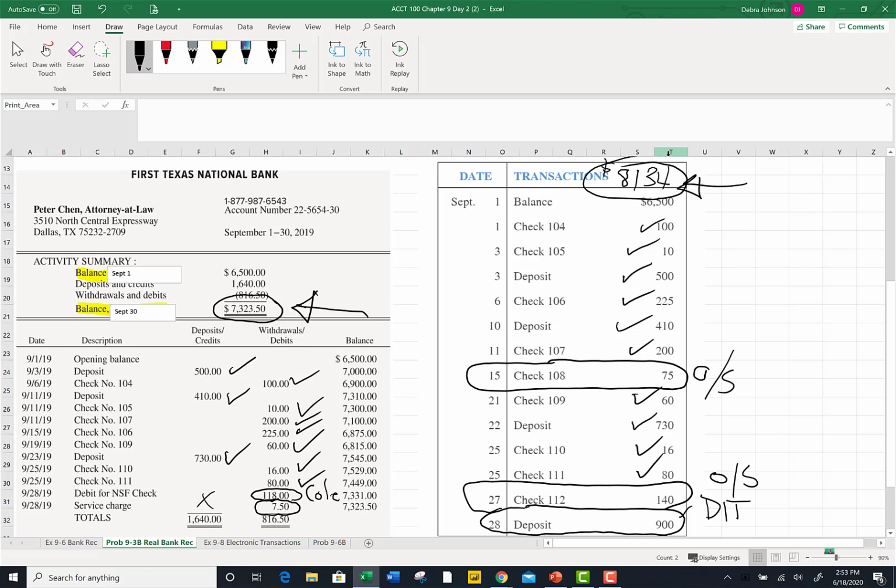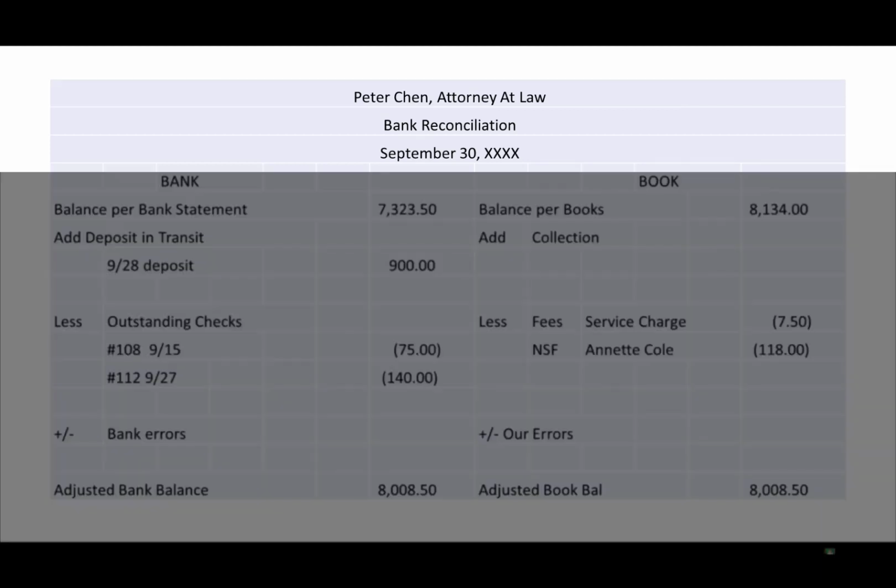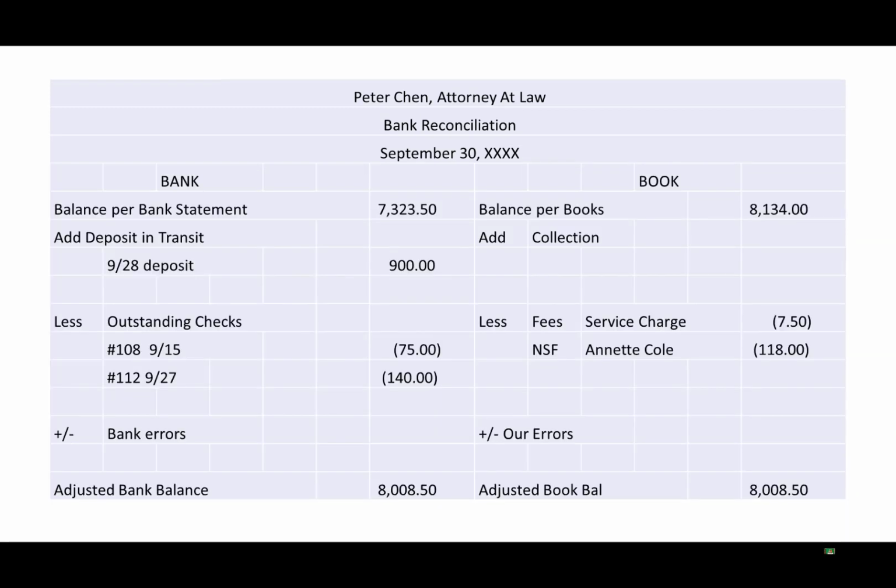My suggestion is that you chicken scratch out what a bank reconciliation looks like. Here's the bank reconciliation for Peter Chen, attorney at law. In the previous section, we compared his bank statement balance with his books, and we had 5 circles when we made the comparison.